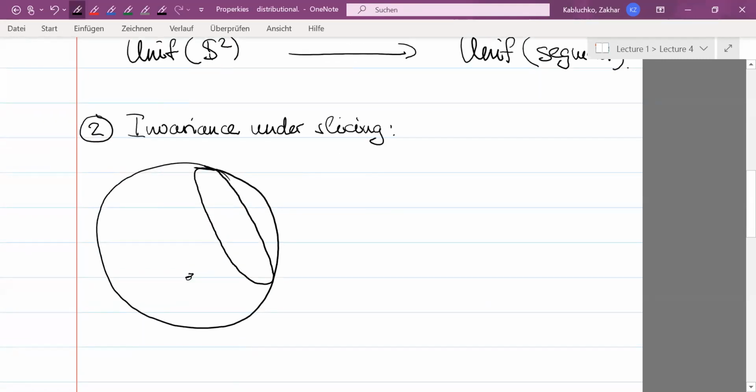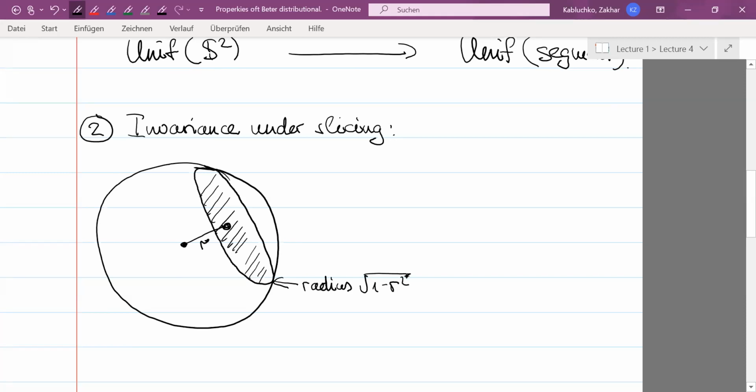Oh, sorry, maybe even by any. Let's do it for hyperplanes. And the distance to this hyperplane is r, which is smaller than 1. Then in this section, we get a ball again, but the radius of this ball is square root of 1 minus r squared.